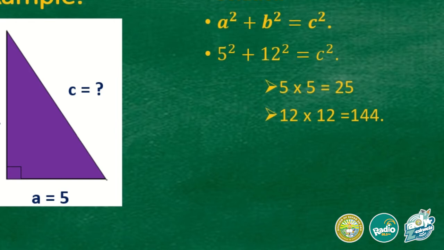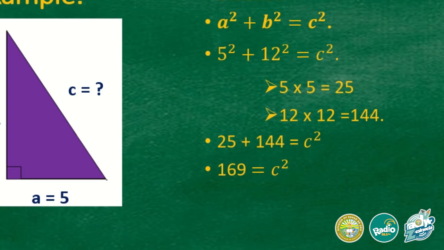With this, the equation becomes 25 plus 144 equals c squared. If you add up 25 and 144, it will become 169. The equation will be 169 equals c squared.